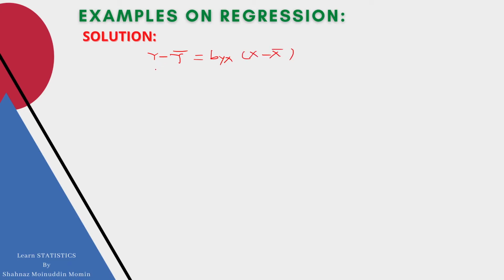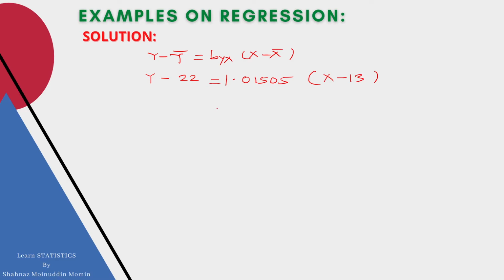Substitute the values. Y minus 22 is equal to 1.01505, x minus 13, x bar is 13.